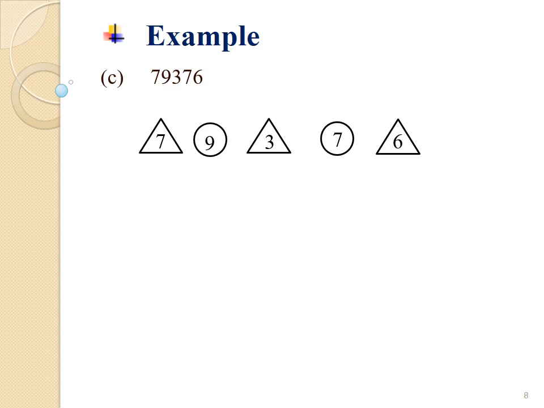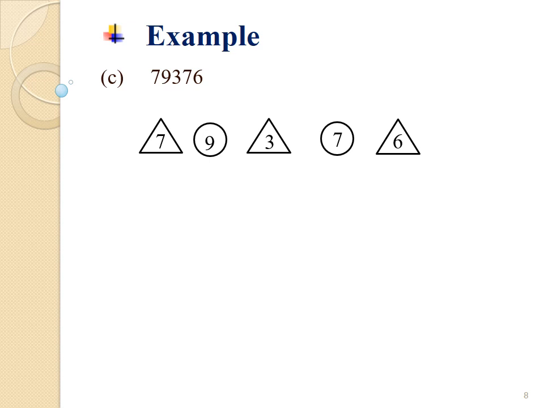Students, look at this number. I have drawn two shapes, namely triangle and circle. Triangle indicates odd places and circle indicates even places.